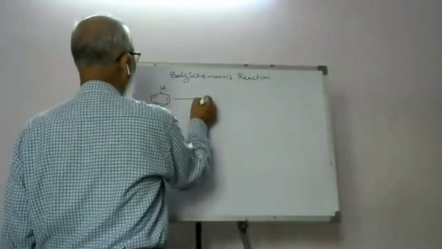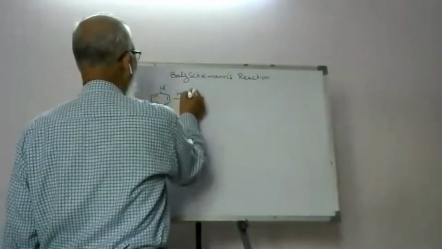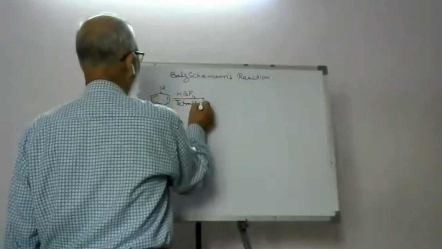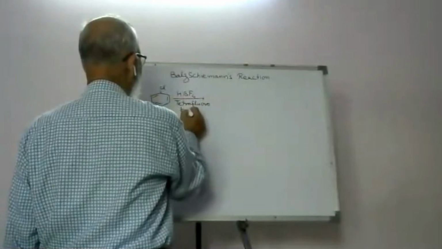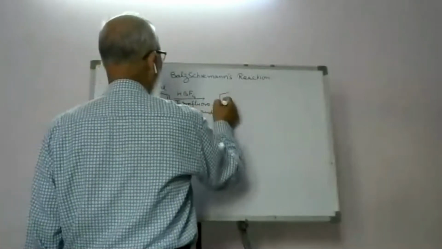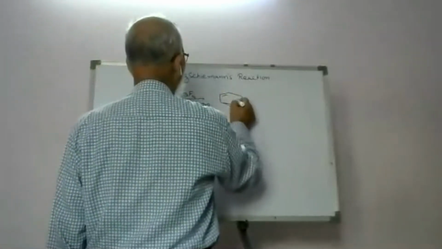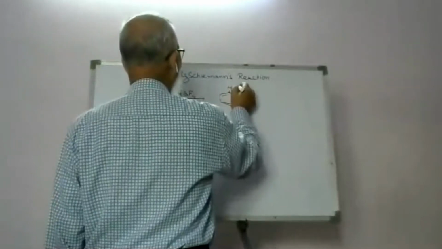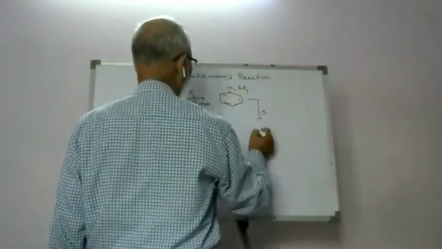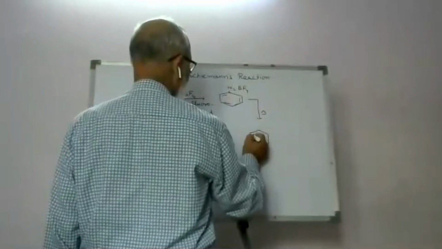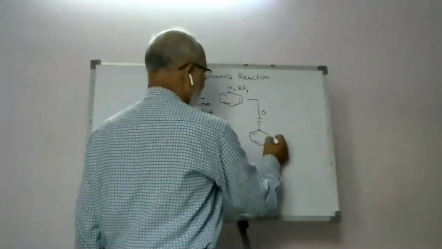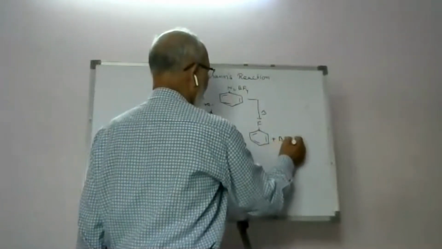It is heated with HBF4, tetrafluoroboric acid, to give this addition compound, C6H5N2BF4, but this is unstable, therefore on heating this will give you fluorobenzene plus BF3 plus N2.